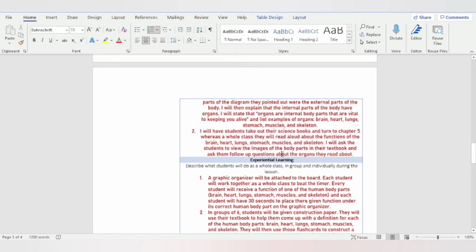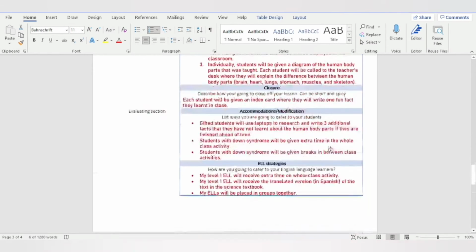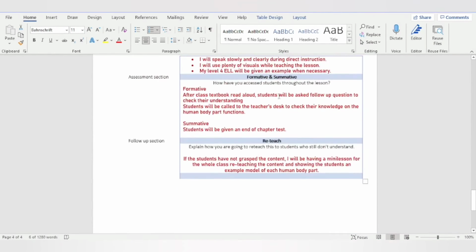Ask some follow-up questions about organs they read about. So that's a formative assessment because I did it during the lesson. Students will be called to the teacher's desk, and so on. This is also what I did during the lesson, so that would also be a formative.